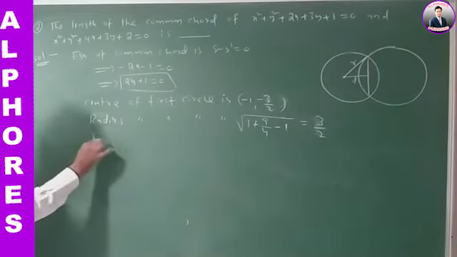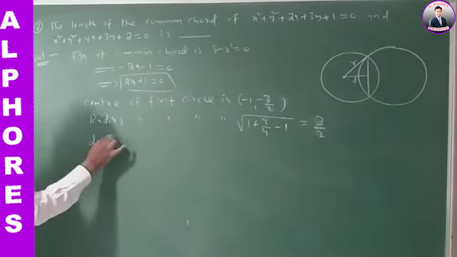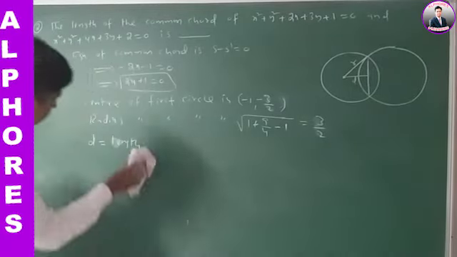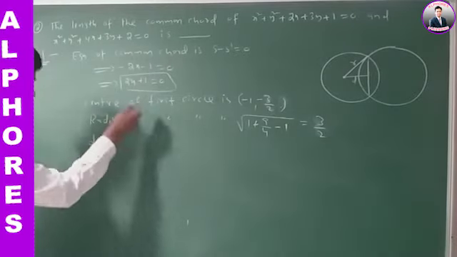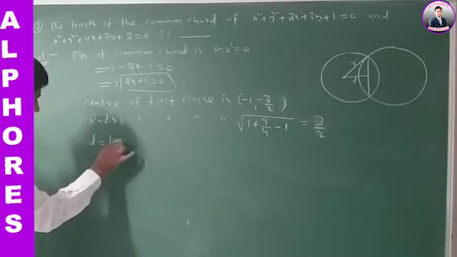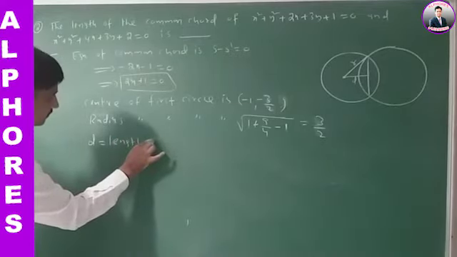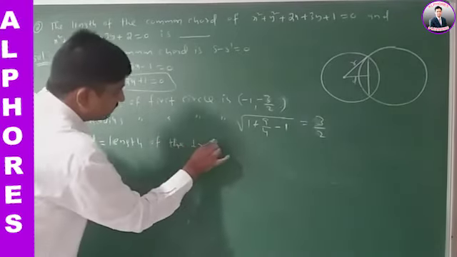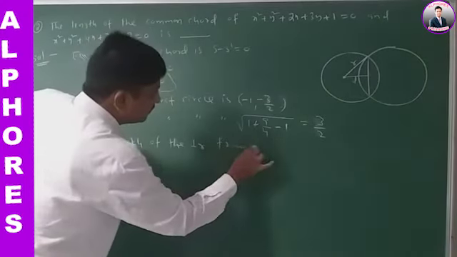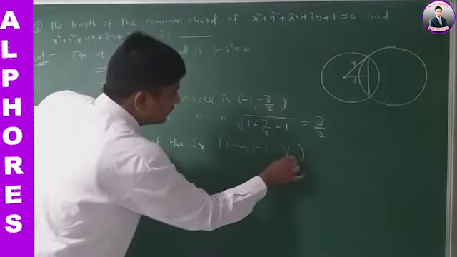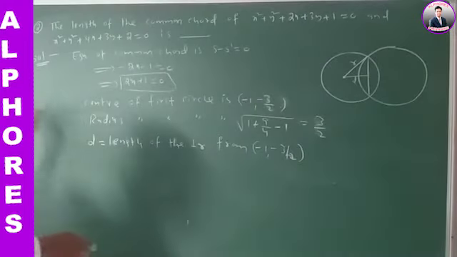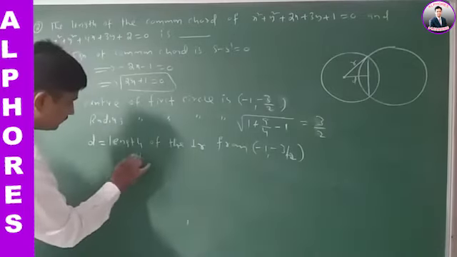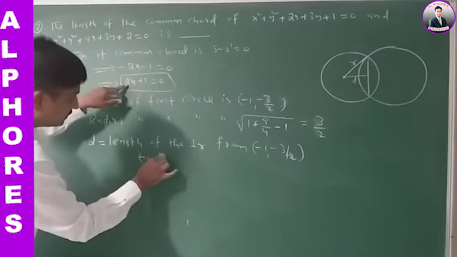Here, first find d. d means the length of the perpendicular from minus 1 comma minus 3 by 2, the center of the first circle, to the chord 2x plus 1 equal to 0.